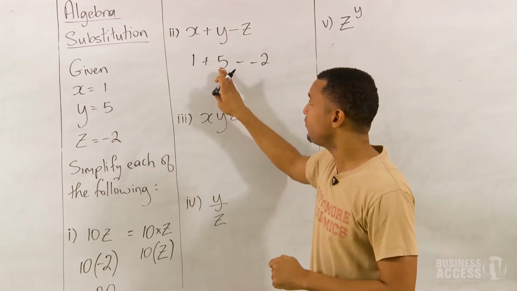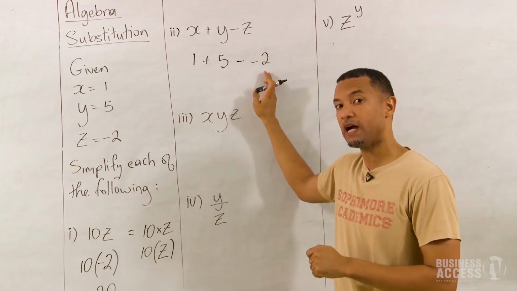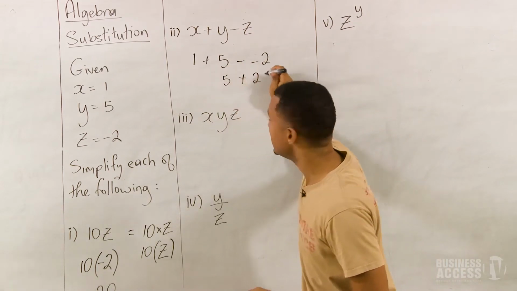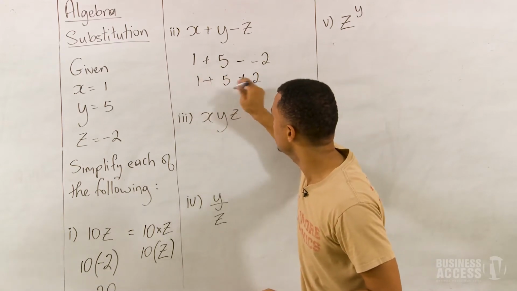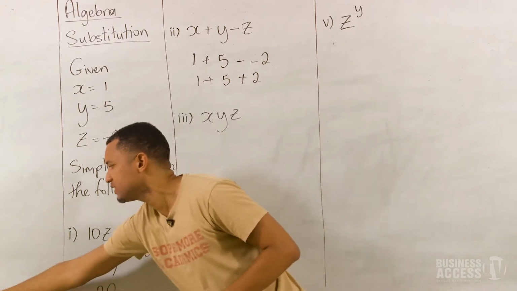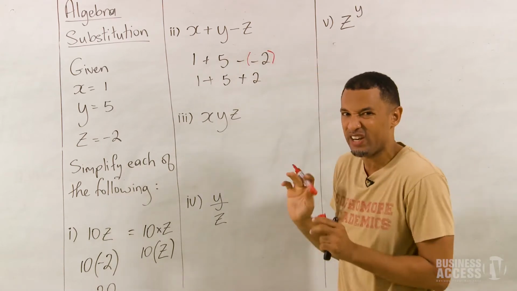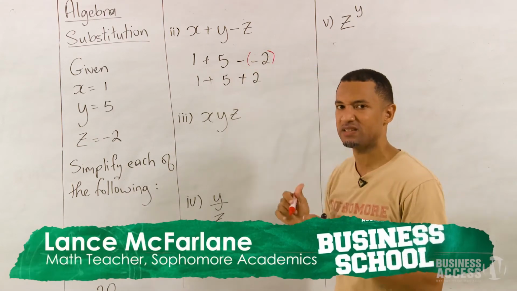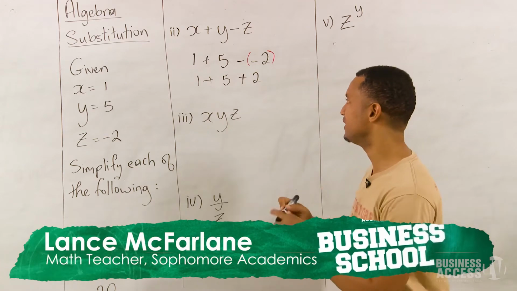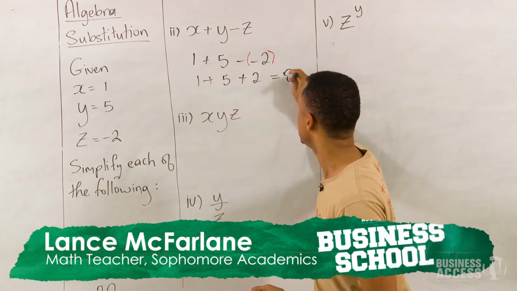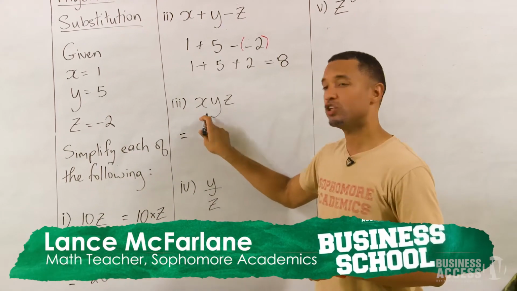So 5 minus -2 becomes 5 plus 2. It's a rule. So we have 1 plus 5 plus 2. Technically, we put the -2 in a little bracket just to separate the two negative signs. What is 1 plus 5? That's 6, plus 2 is 8.